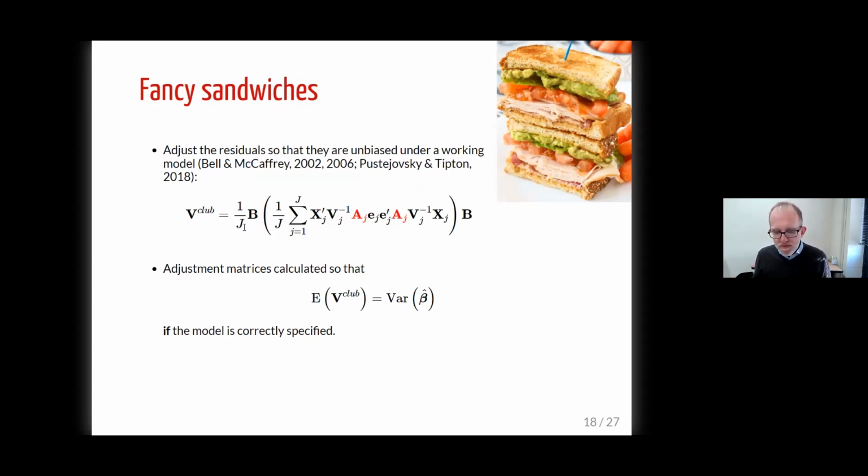The form of the adjustments looks like this thing here, where this is just the regular sandwich estimator, but it's got these A_j matrices in it. So these are little adjustment matrices that tweak the residuals and give us something that is close to unbiased, but still noisy.